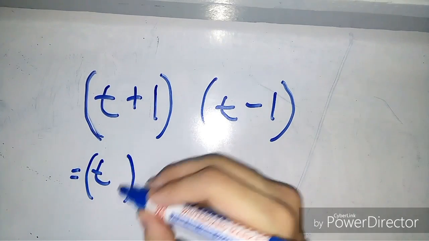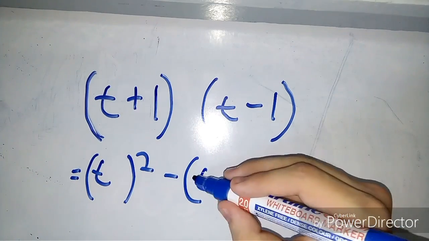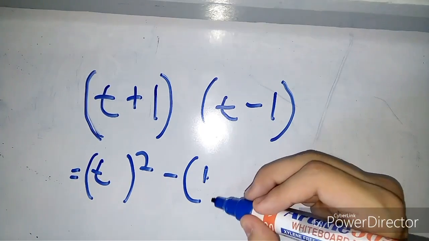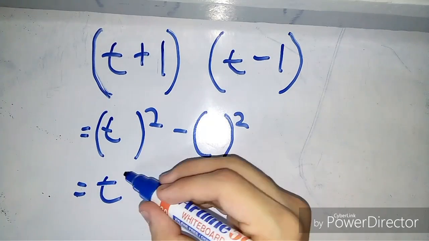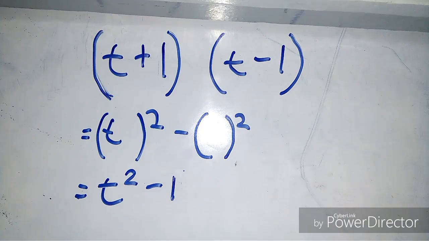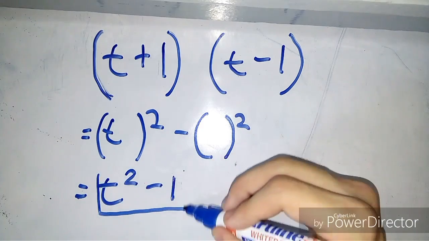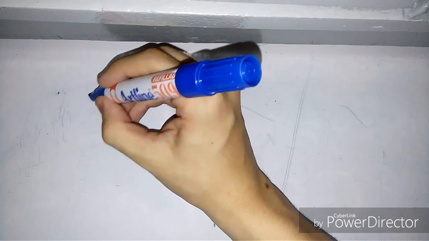You're going to square the first term, separated by a negative sign, and you're going to square the second term. So t squared minus 1 times 1 equals 1, so that's why it's 1. So we have our final answer.